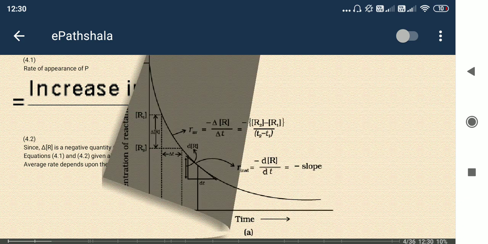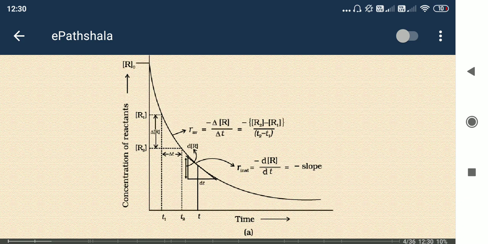Next, you can see the same thing shown here in graph form. As time increases, the concentration of the reactant is decreasing and the concentration of the product is increasing, right? Another thing you can see is that the graph is not touching zero, meaning the concentration of the reactant does not become zero, whatever time has passed. The slope here shows the reaction rate.